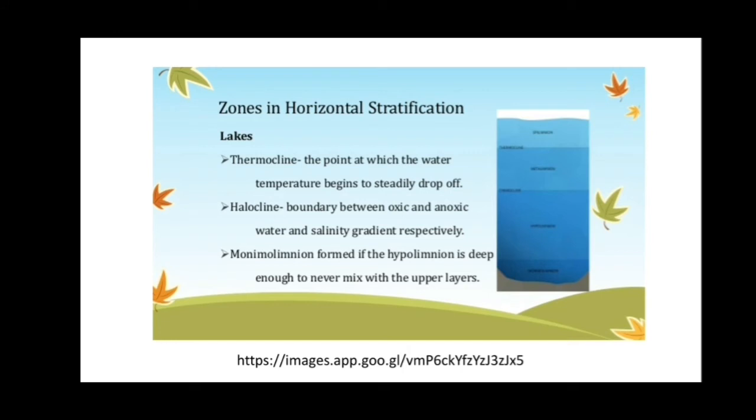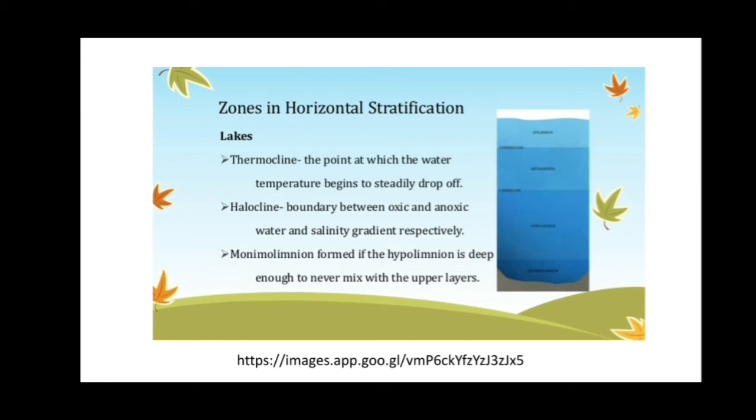Now the zones in horizontal stratification in a lake. First, the thermocline, the point at which water temperature begins to steadily drop off. Number two is the halocline, the boundary between oxic and anoxic water. Oxic means the water has oxygen and anoxic means the water does not have oxygen.